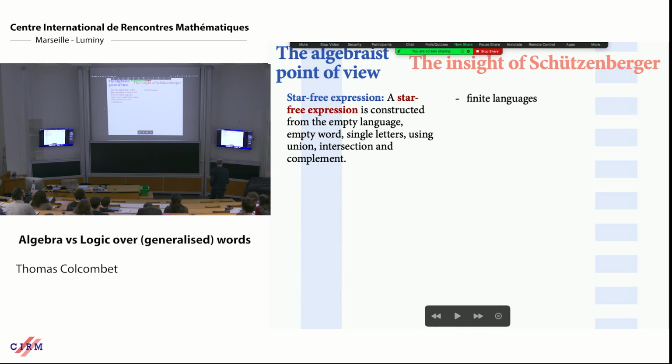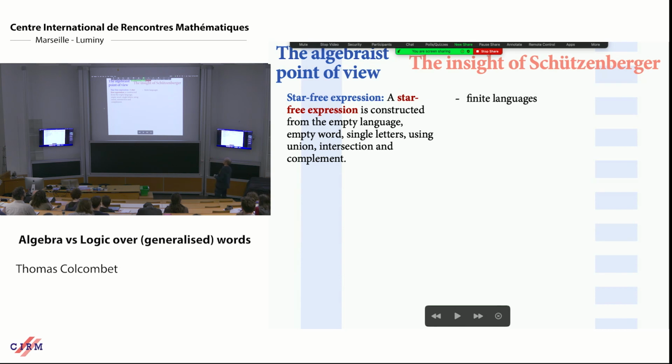If you think about it, it's star-free because you don't have the Kleene star. But in exchange, you have complement, which you usually don't have in regular expressions. And of course you have concatenation.